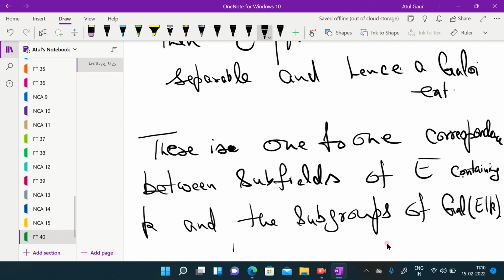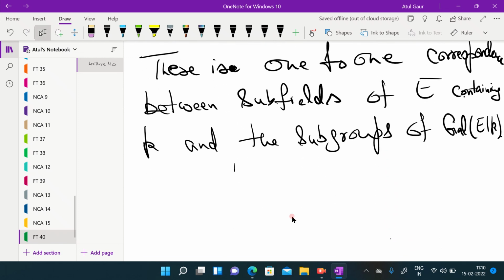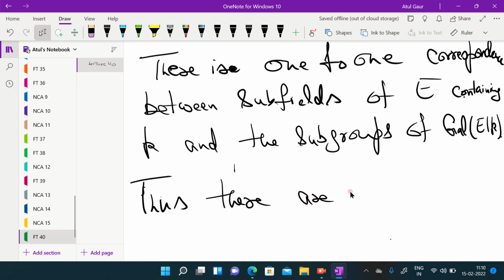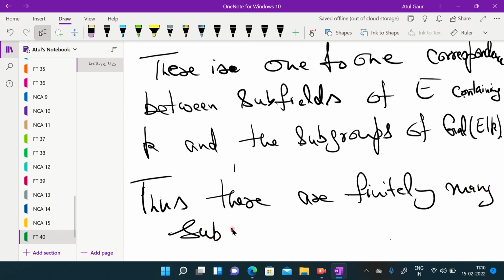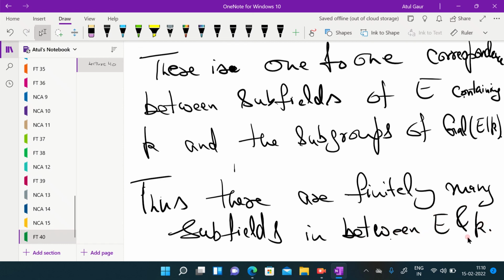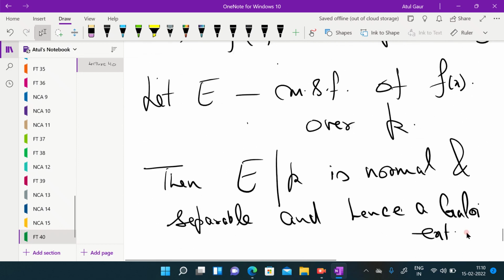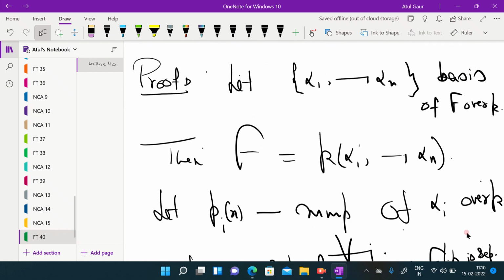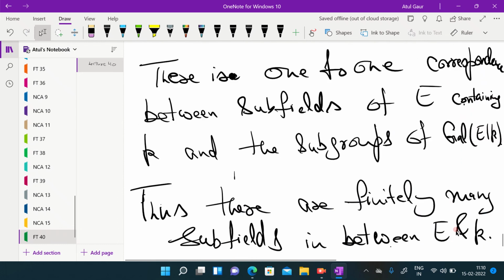So that means there are finitely many subfields in between E and K. And where is F? F lies between E and K, since alpha 1, alpha 2, alpha n are in it.